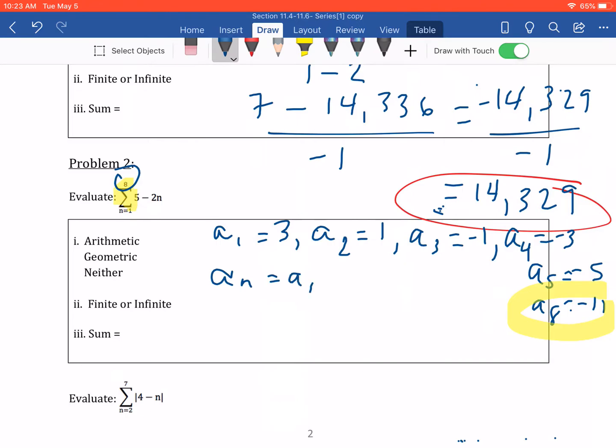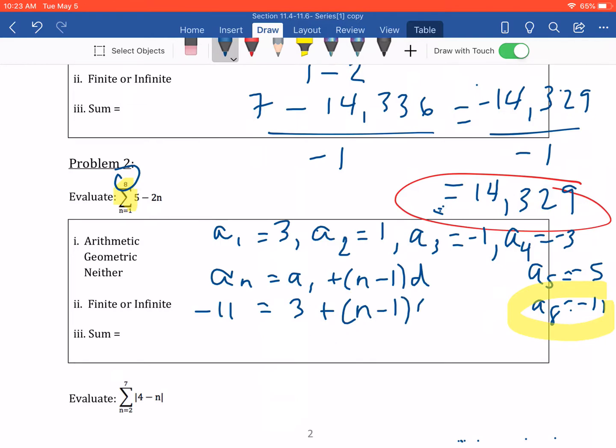So we're going to plug it into the original equation of a sub n equals a sub 1 plus n minus 1 all times d. Let's go ahead. A sub n, we are being told, is going to be a negative 11 after we just figured that out. A sub 1, we found out to be a positive 3.